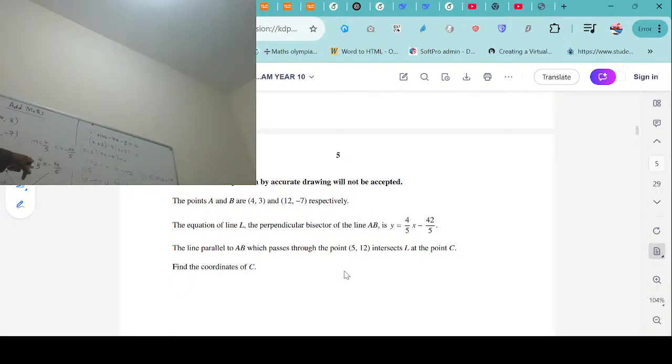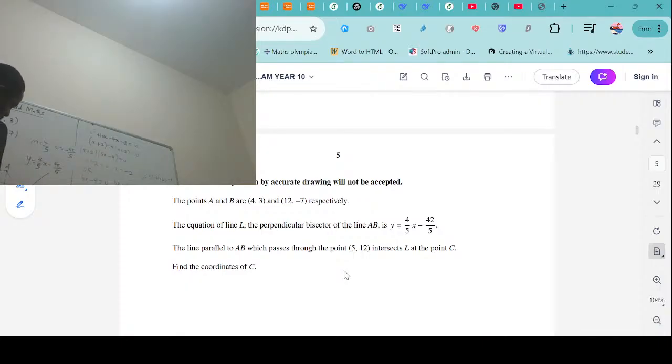So let's not forget this information, very important. Since the slope is 4/5, the rise is 4. For every 4 units you move up, you move along the horizontal distance 5 units. We've got the coordinate of the midpoint, and we know that the midpoint is 8 units to the left and 2 units below.